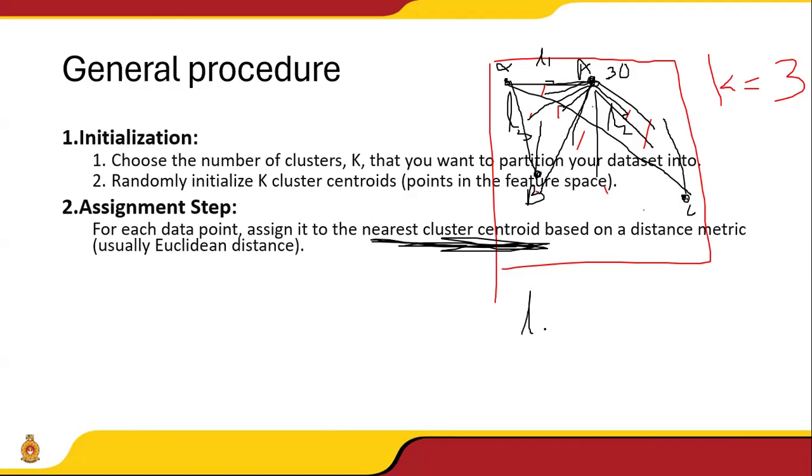So if the output is L1 is smaller than L3, which is smaller than L2, what is the cluster that this alpha data point should be stored in? A, B, or C? L1 is the smallest, L3 is second, and L2 is the largest. Under which cluster does this alpha point belong? A, B, or C?